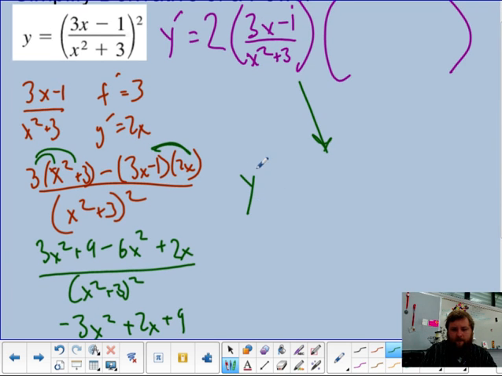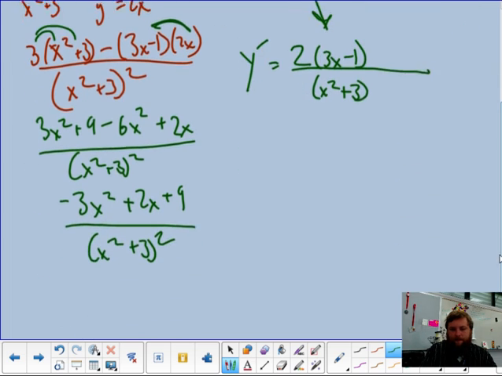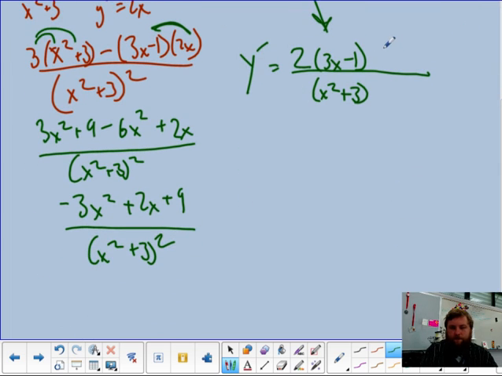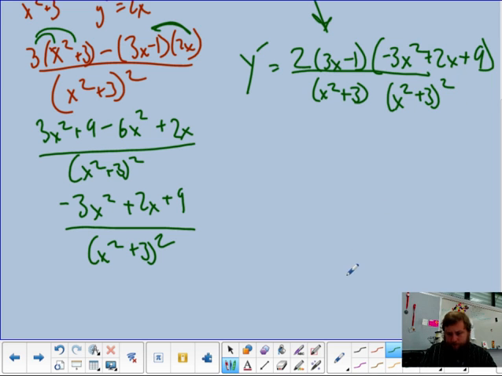So y prime equals 2 times 3x minus 1 over x squared plus 3, plus this derivative here: negative 3x squared plus 2x plus 9 all over x squared plus 3 squared.